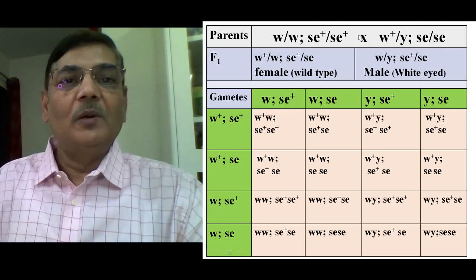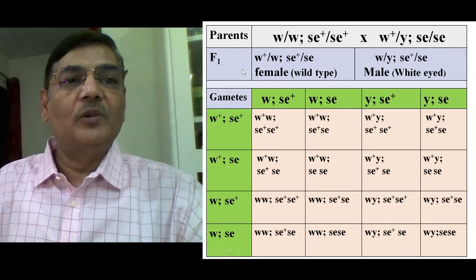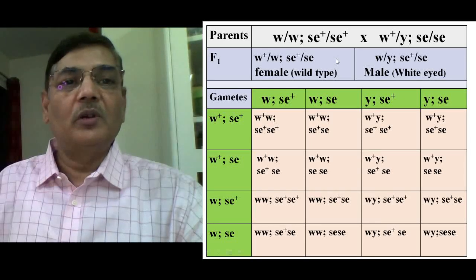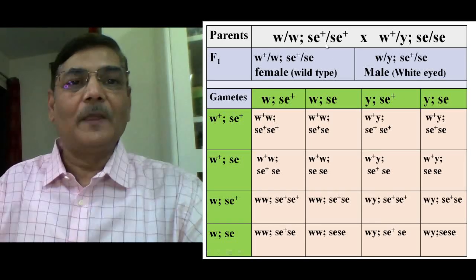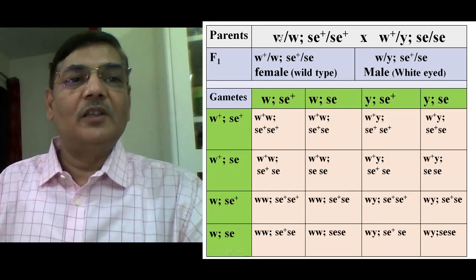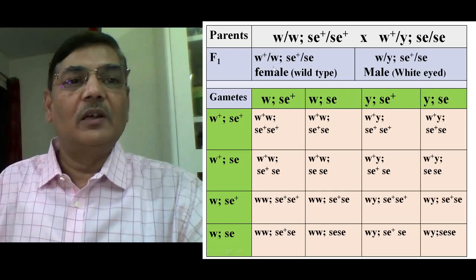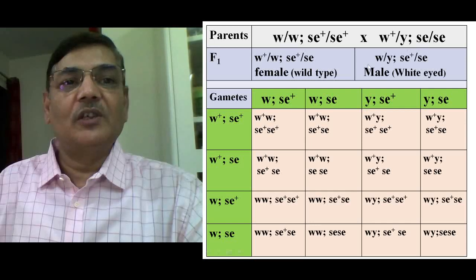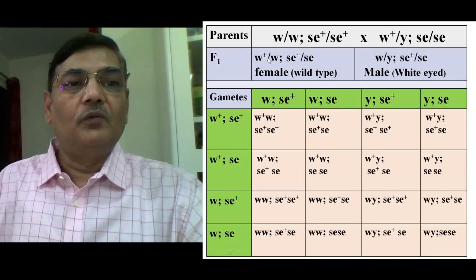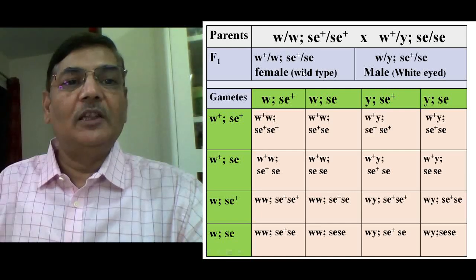Now, if they are crossed with each other, then in the F1 generation we can understand the genotype of the individuals, but here genotype will be shown in females and males separately, because if you find this W combining with W plus, so W plus W, this will cause red eye color, and then SC plus will combine with SC, so we can say that such individuals will be female and they will be wild type.